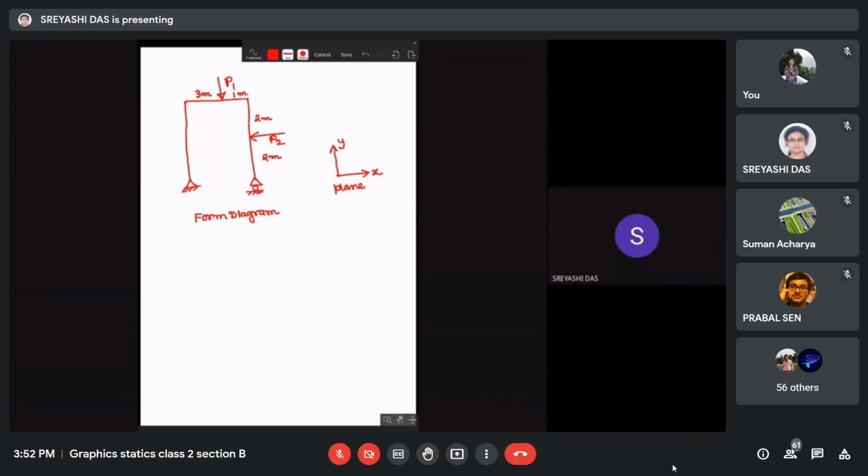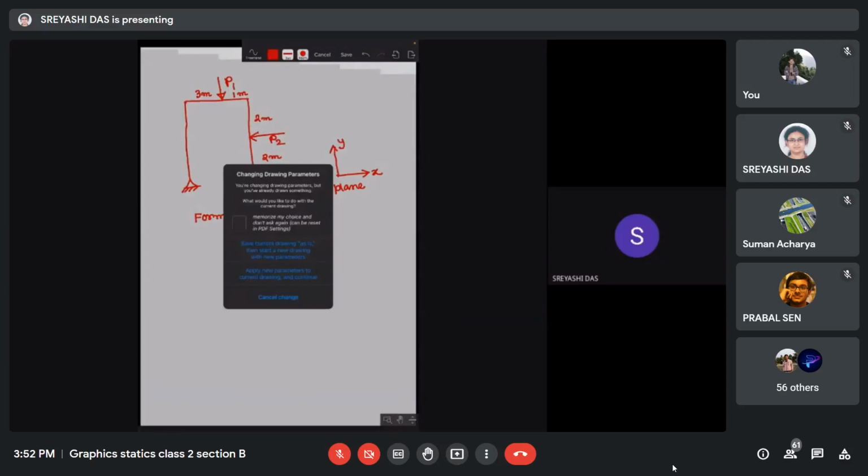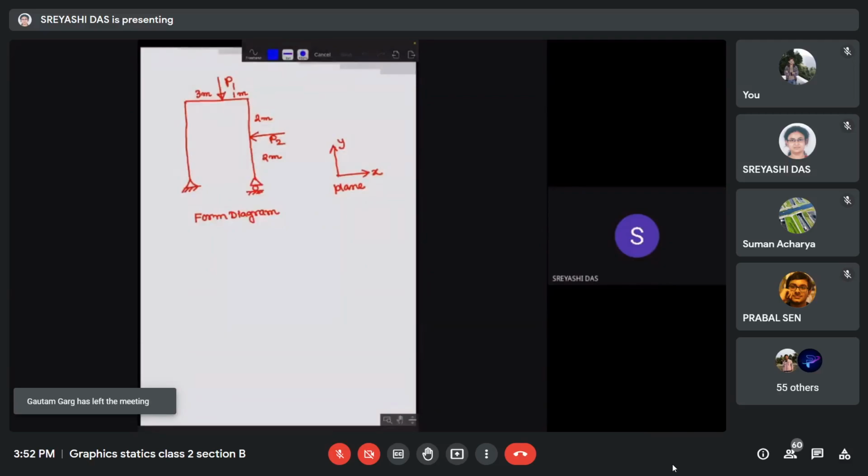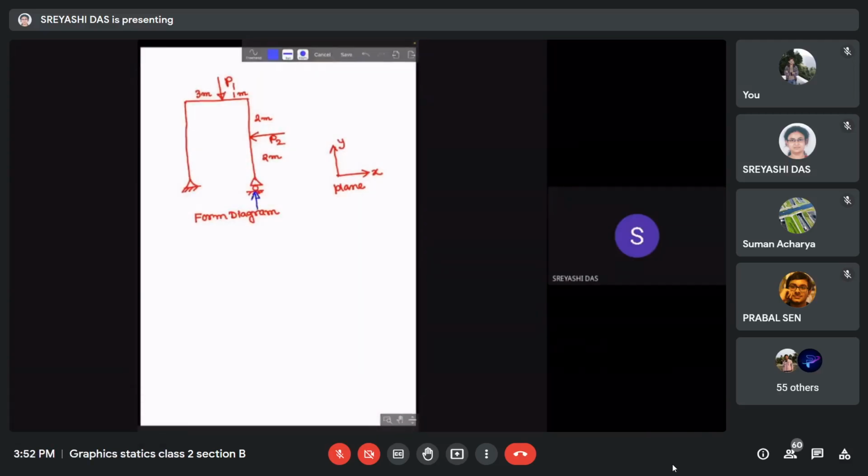In this form diagram, we know the reactions can be given like this. This is the reaction here. As this is a roller point, the reaction will be vertical.